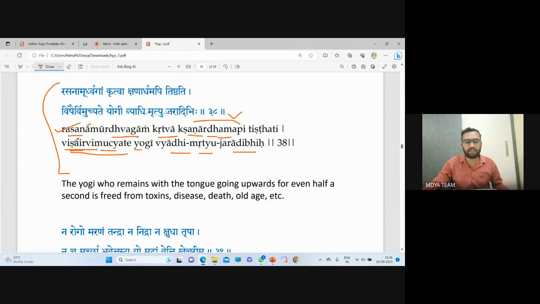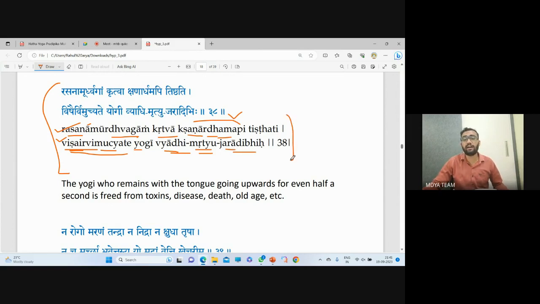There is no effect of any kind of poison, and the yogi's body will be diseaseless and deathless, and jara, meaning age, will have no effect on him. Always he will become young.